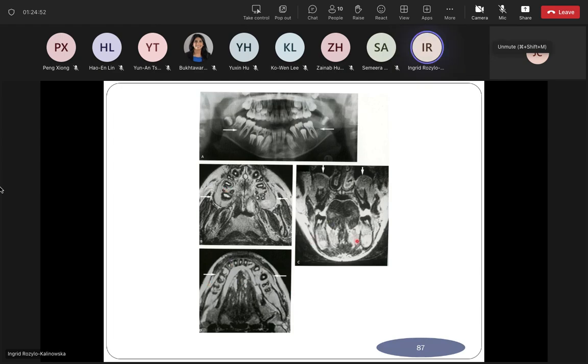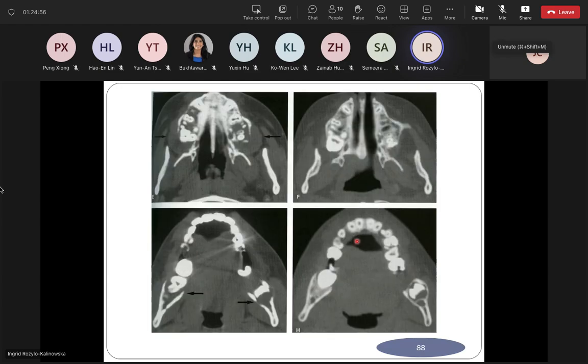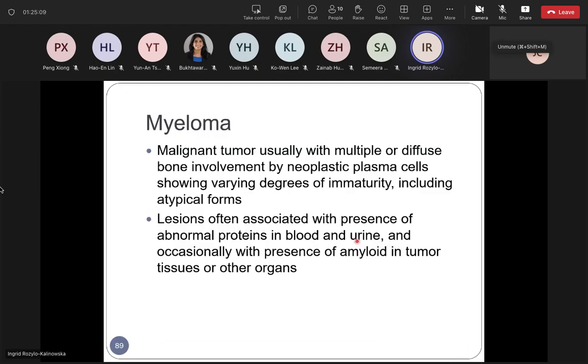So there's bone destruction, but the arrows point out the margins of the soft tissue tumor in the malignant non-Hodgkin's lymphoma.